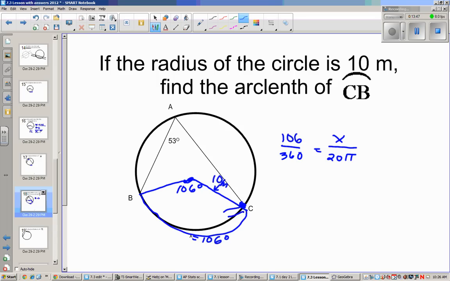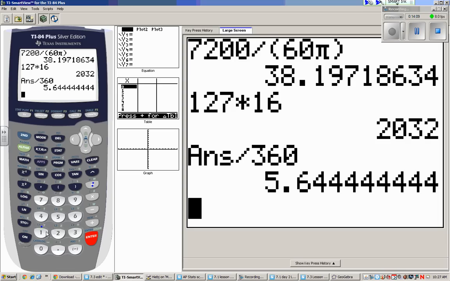Now notice this asks you to find arc CB there, excuse me, going off my arc here. Not very good at straight lines. All right, so that arc there is a minor arc, so the angle we're looking at is 106 because that's the angle that creates that arc. So again, see if you can solve this, cross multiply. I'm going to do it all in one step. I get 106 times 20 in my calculator, and in the end I'm going to have to divide by 360.